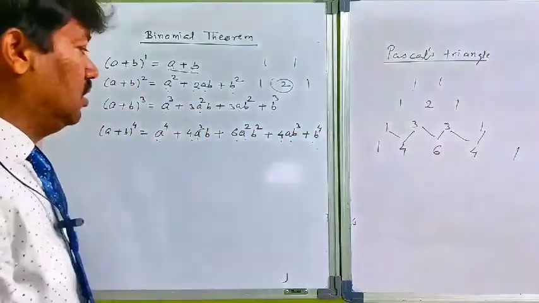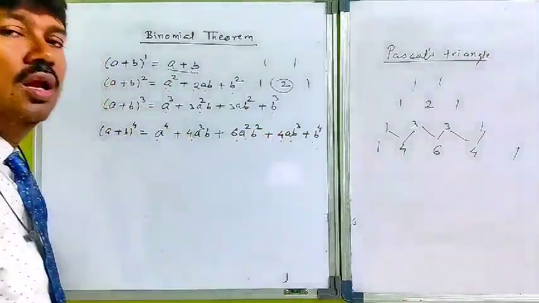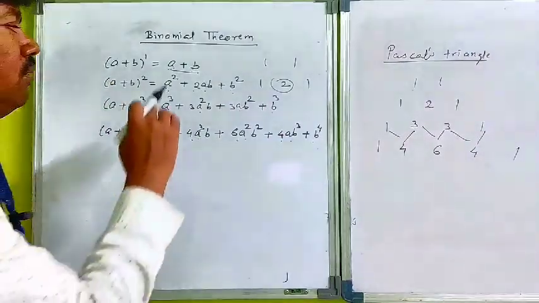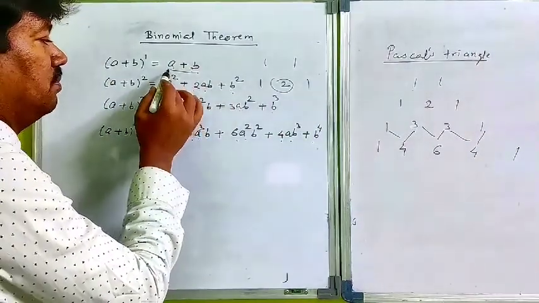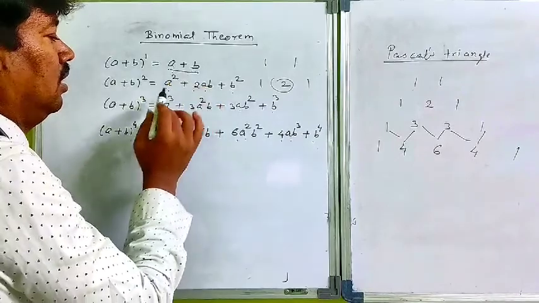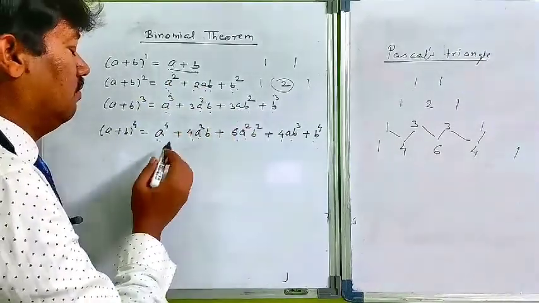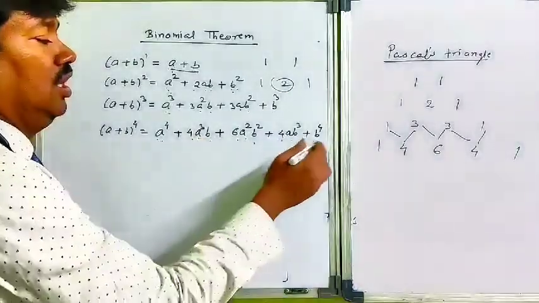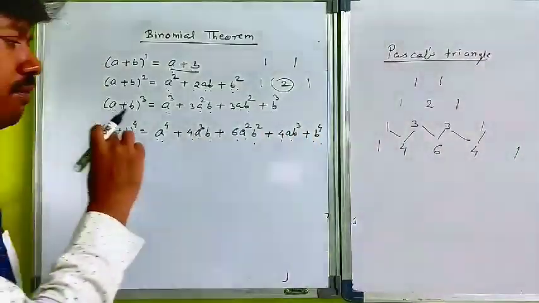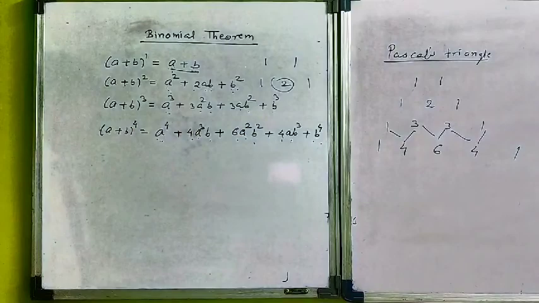The power of a goes on decreasing, and the power of b is increasing. It is b raised to 0, b raised to 1; 0, 1, 2; 0, 1, 2, 3; 0, 1, 2, 3 and 4 for the b power. That is, the power of b is increasing.